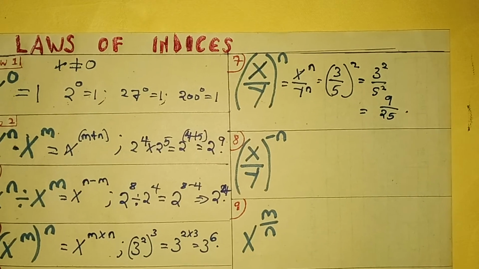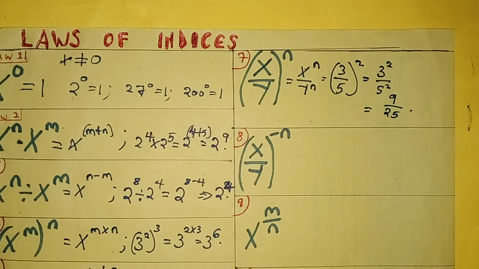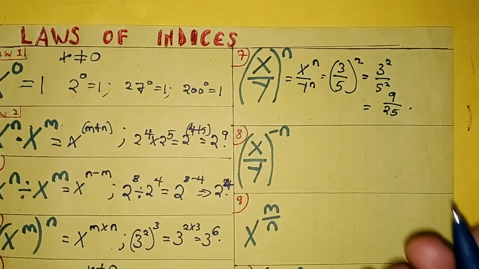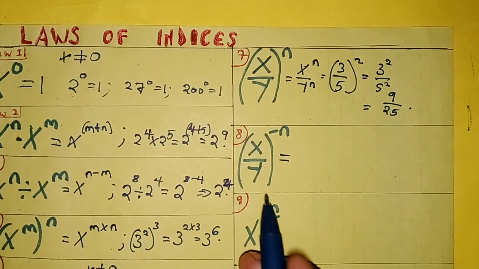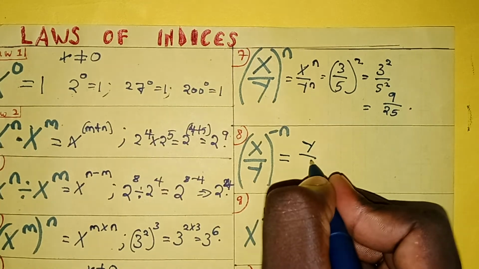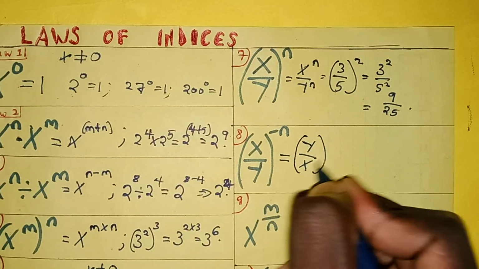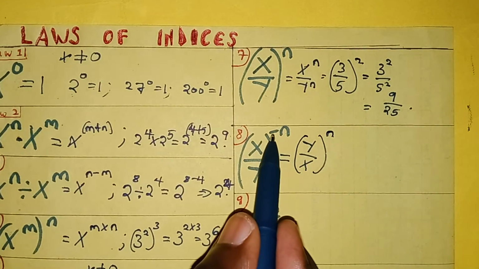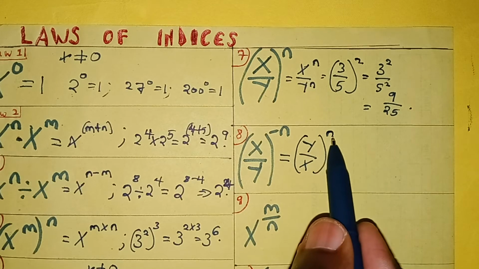Now, the eighth law, we have x over y, then power negative n. Now, in this, we have to reciprocate this to be y over x, then raised to power positive n, so this negative changes to positive.